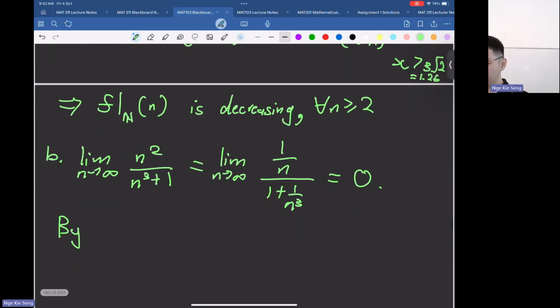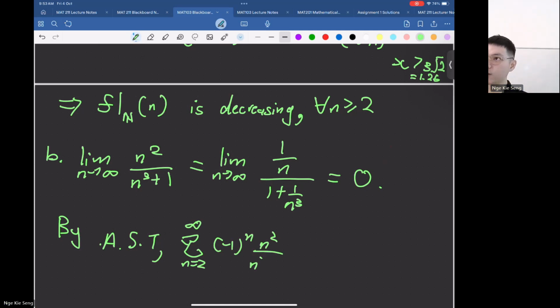So really, we can only conclude that by the alternating series test, the sum from n equals 2 converges. But are we still okay or not? Because we want to check starting from 1. Does it still converge? Why?